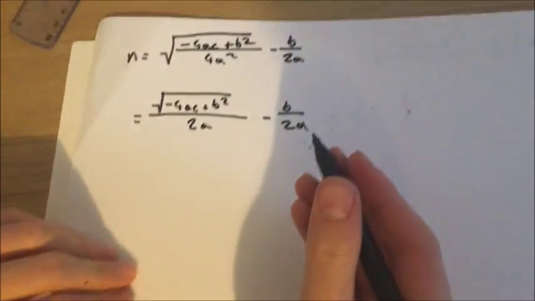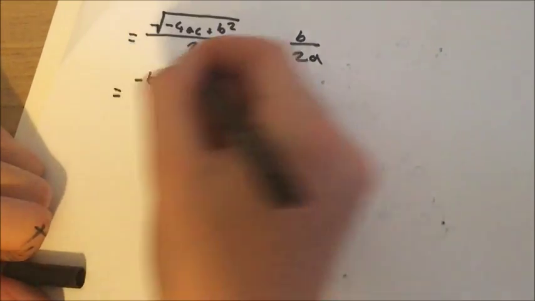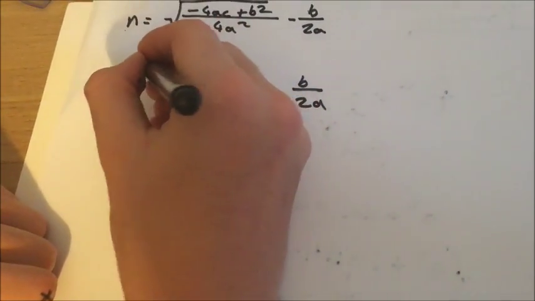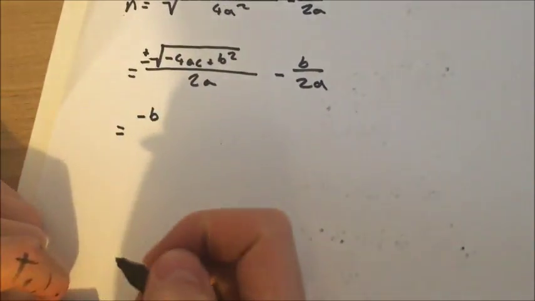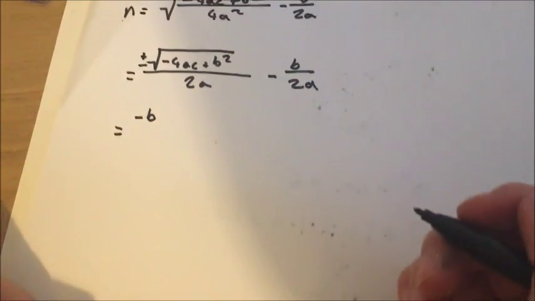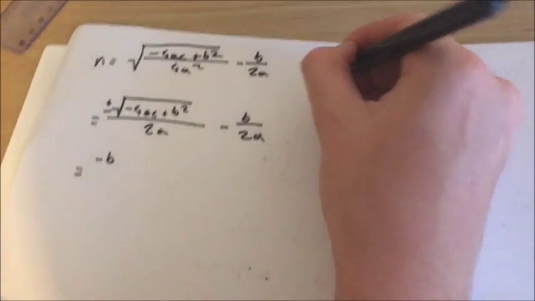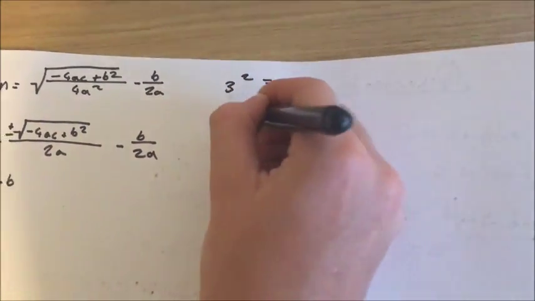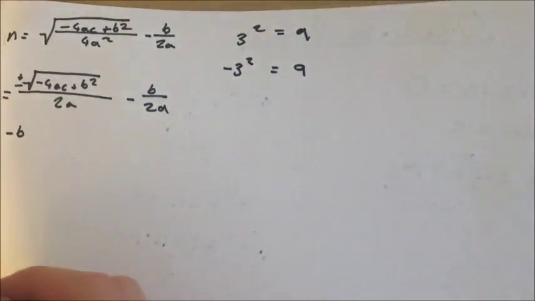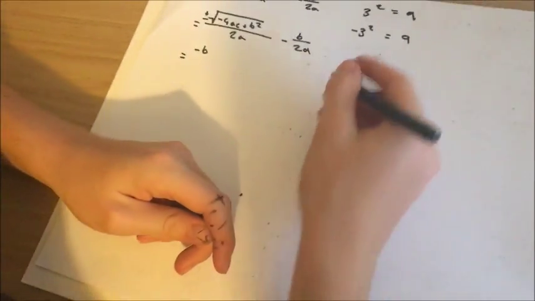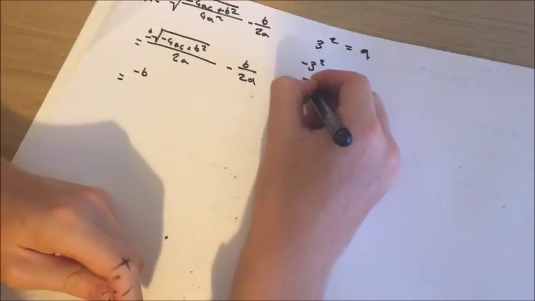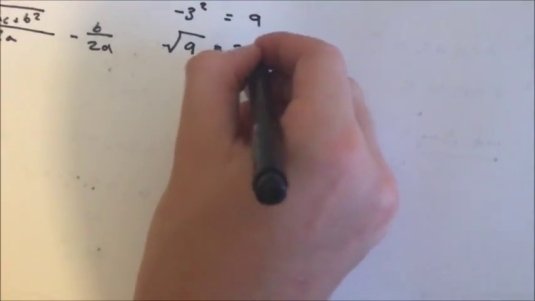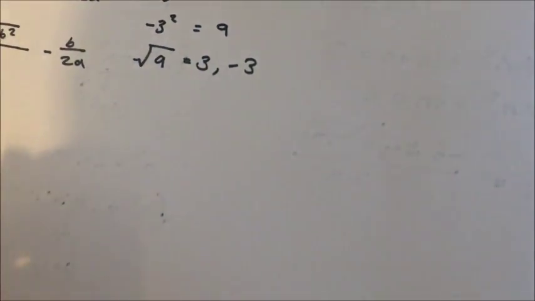Now we can combine these fractions, negative b because minus b, and this square root is actually plus or minus the square root due to the way square roots work, i.e. 3 squared equals 9, and also negative 3 squared equals 9 as well. So if you had the square root of 9, that's equal to 3, but it's also equal to negative 3.